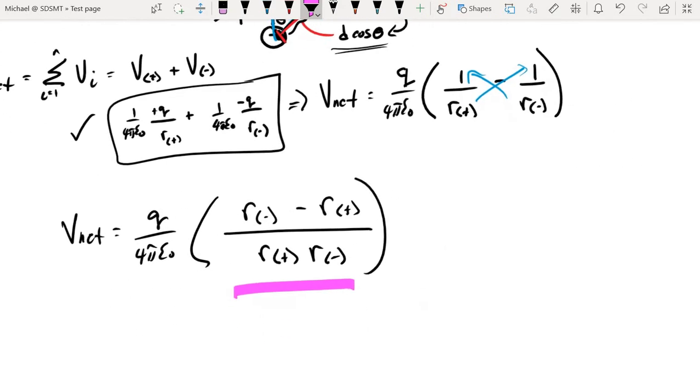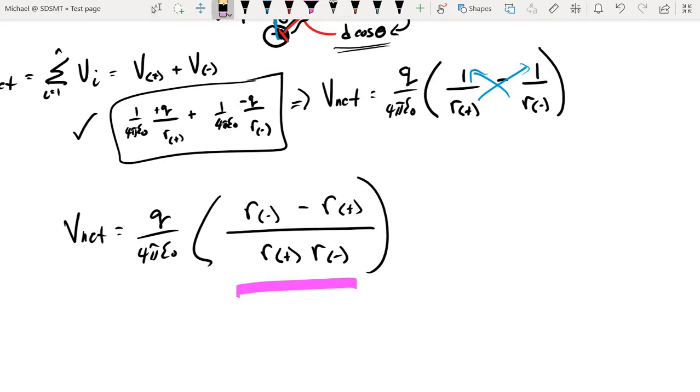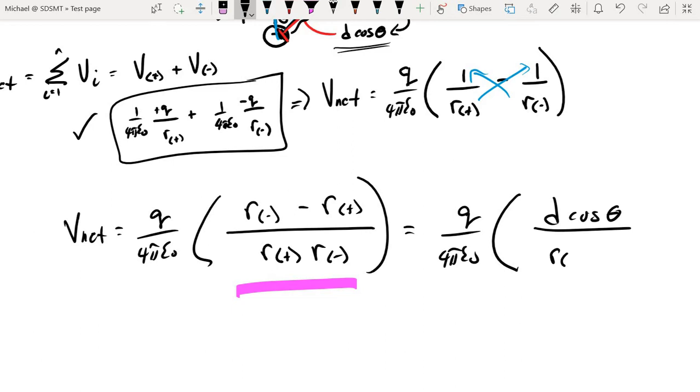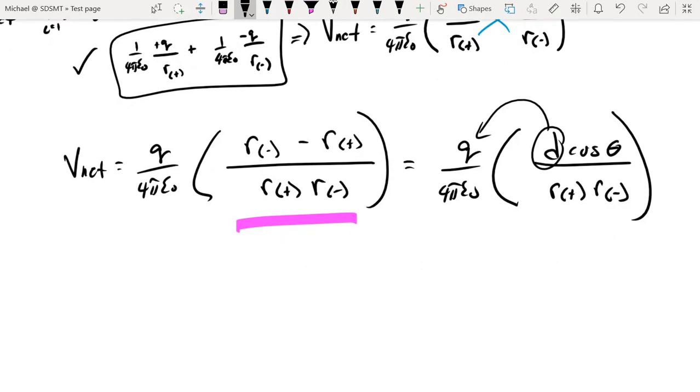So I can rewrite the numerator as d cosine theta, and then we can bring d out to the front and combine it with q to make p.